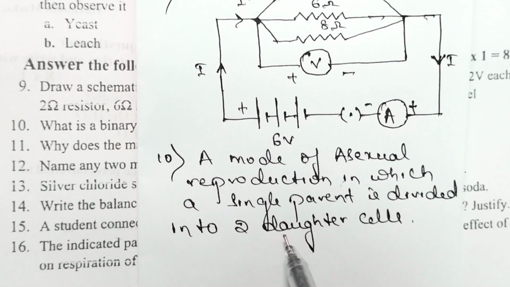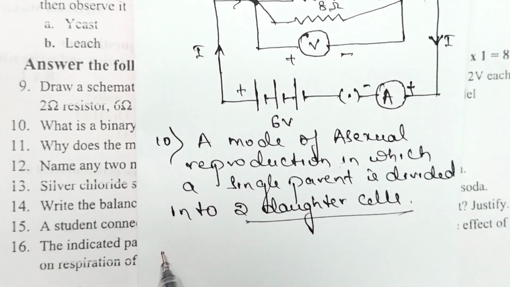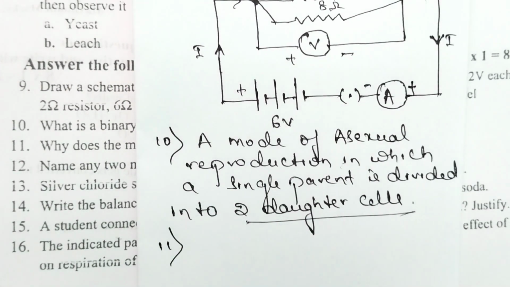If the single parent is divided into 2 daughter cells, then it is called as binary fission.